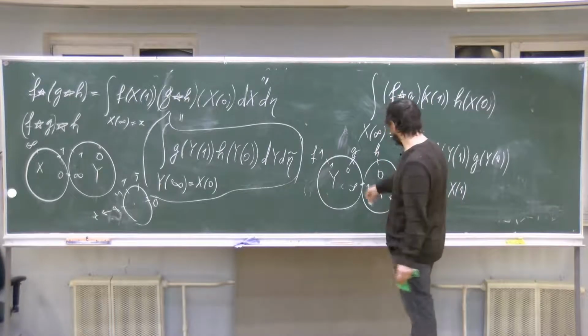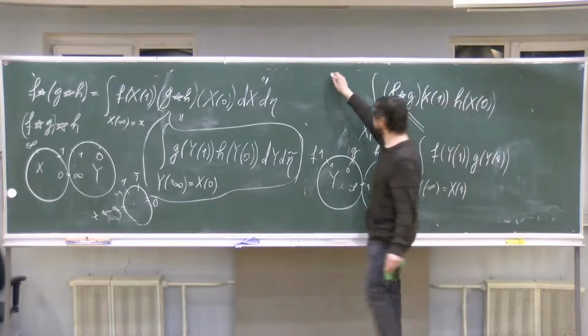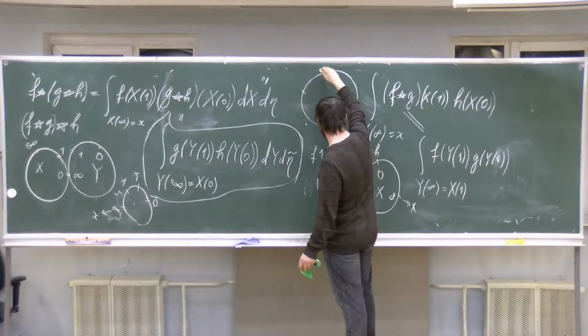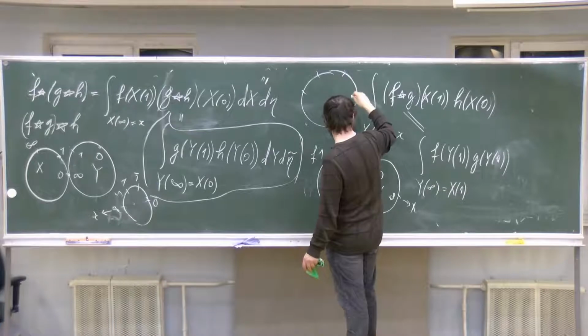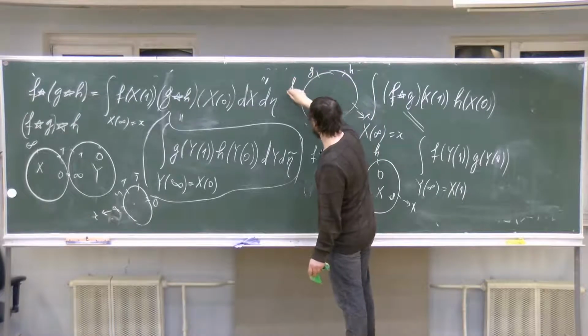So if you again uncouple this point and get a single disk topologically, there will be again 1, 2, 3, 4 points. This point goes to x. Here we put h. Here we put g. And here we put f.